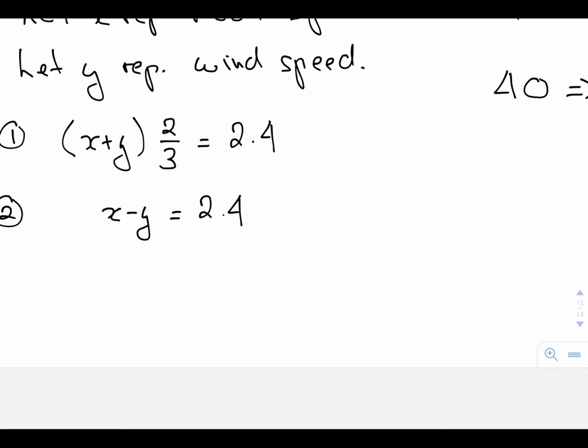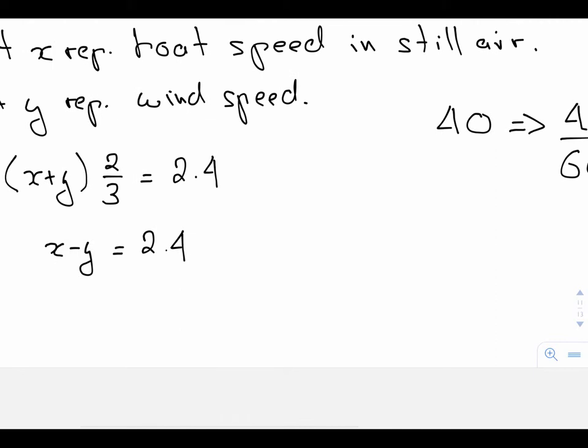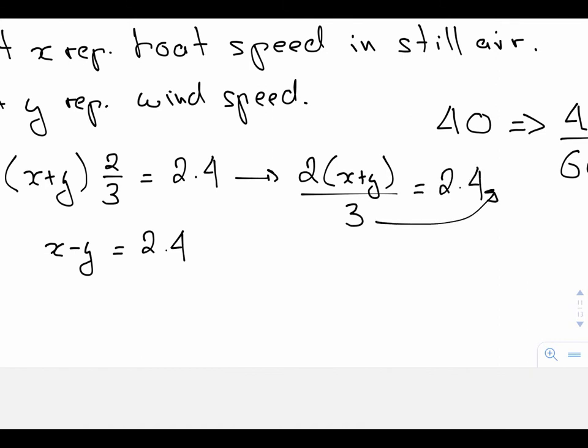So now I'm in a position to rearrange my equations so that, first of all, I want to get rid of this fraction here, and I can start solving. I'll rewrite it as 2 times x plus y over 3, and that equals 2.4. I'm going to bring this 3 up at the top here.